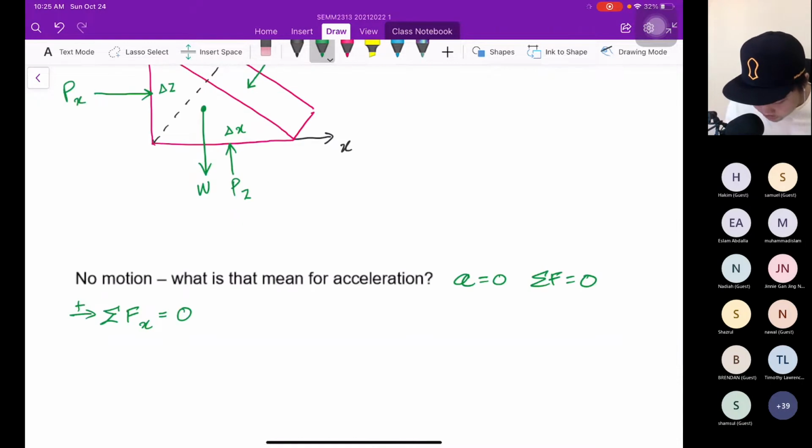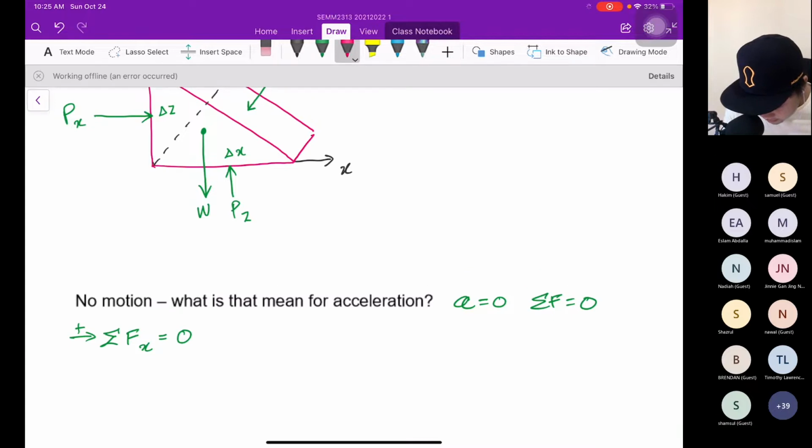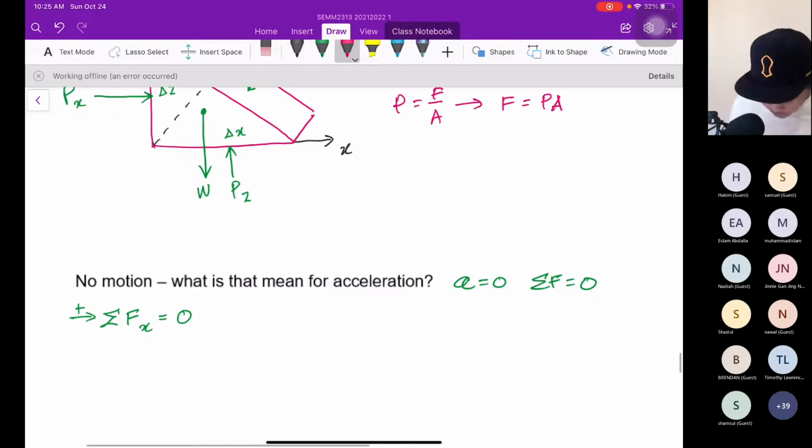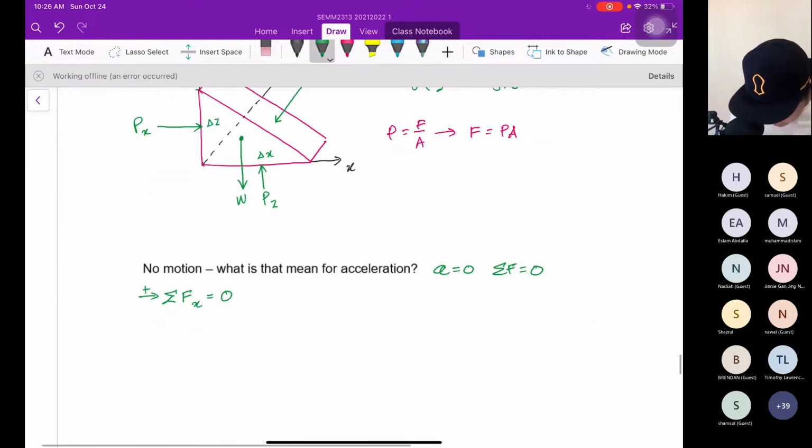We know that pressure is equal to force over area. So in order to get force, pressure must be multiplied with the area. So this is the force due to the pressure at x: pressure at x multiplied with the area.